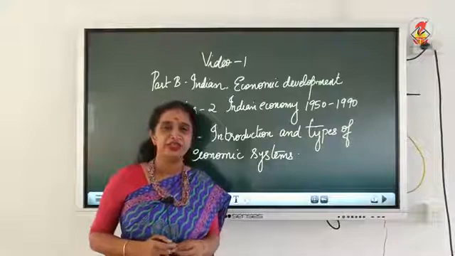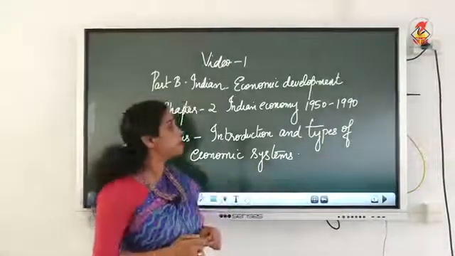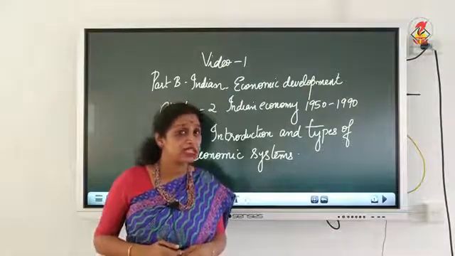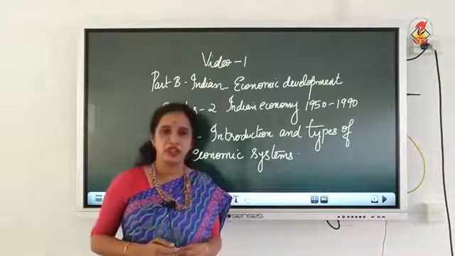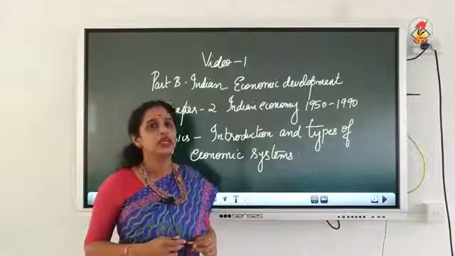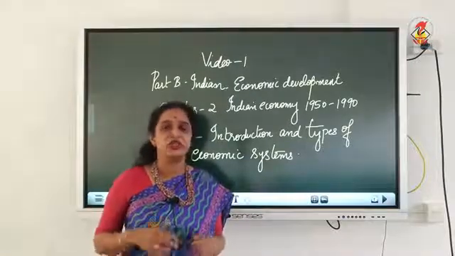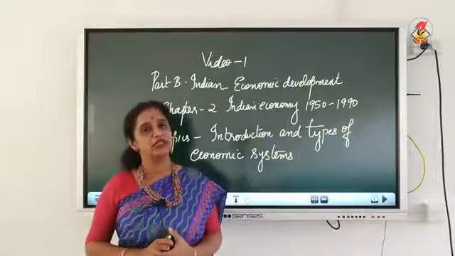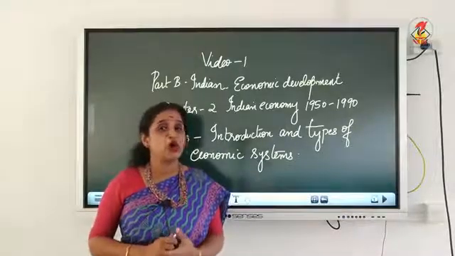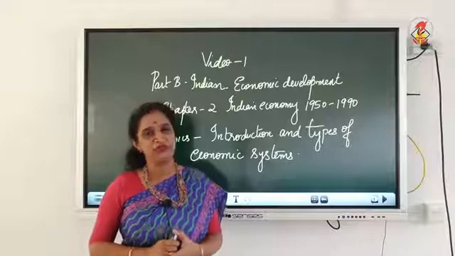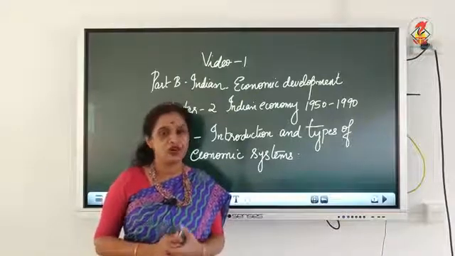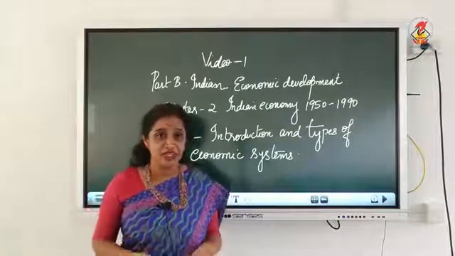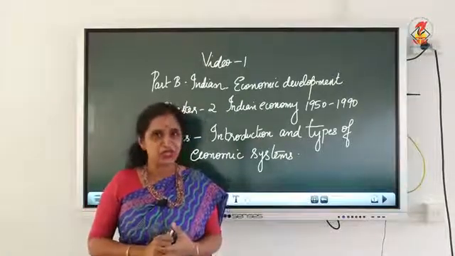Today we are going to learn part B of your economics paper, that is Indian economic development, the second chapter. In the first chapter, you already learned how the Indian economy was at the time of independence, how the Britishers exploited the resources of the Indian economy, and what was the condition of the agricultural sector, industrial sector and demography during the period of British rule.